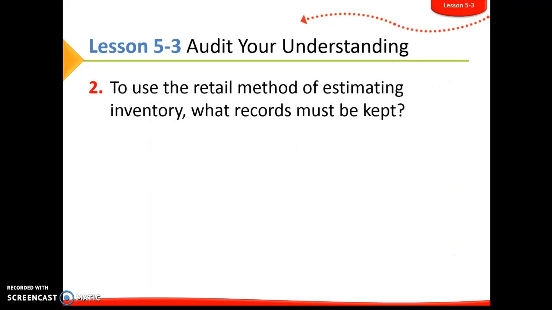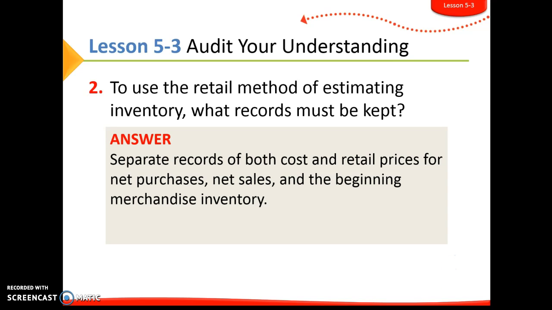Number 2, to use the retail method of estimating inventory, what records must be kept? We need to have separate records of both costs and retail prices for net purchases, net sales, and the beginning merchandise inventory.